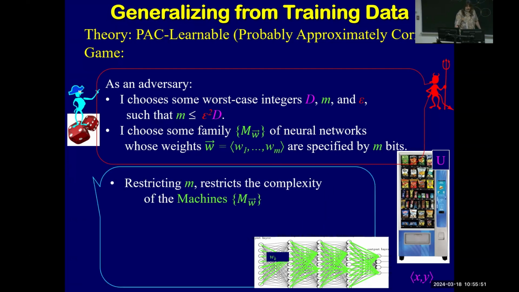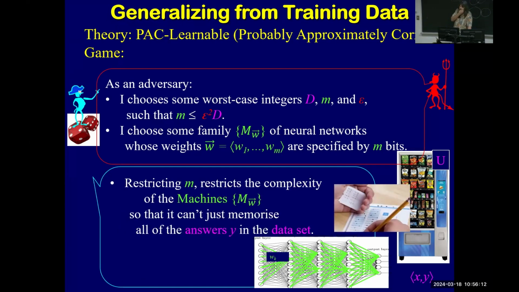Why are we restricting this? Just a little explanation. We restrict the complexity of our machines because, as he said, if it's too complex, we can overfit. We want a simpler machine to describe. If you had too many bits, you could write down the answers.